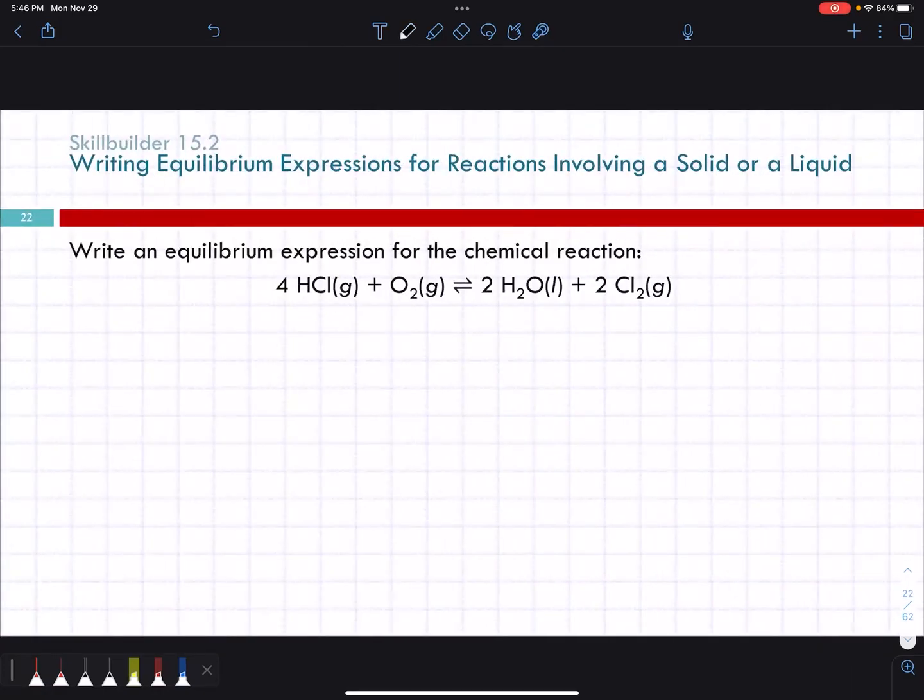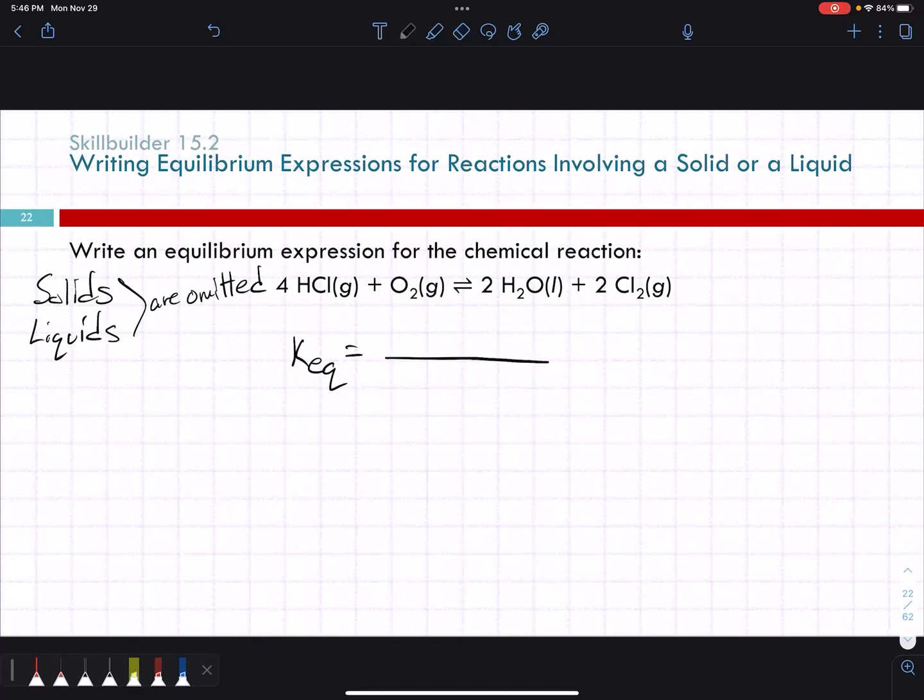All right, so solids and liquids are omitted. If we wanted to write an equilibrium expression for this, again, we've got products over reactants. We can identify up front which of these are liquids or solids.